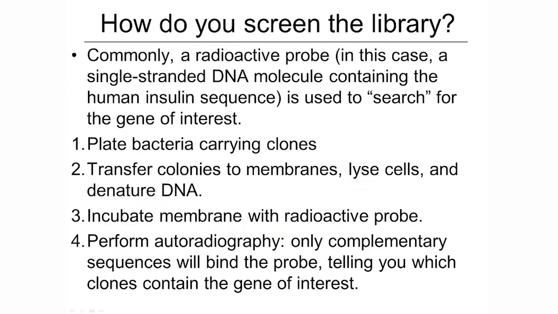So how do you literally screen the library? There are a variety of modern ways to do this without radiation, but using a radioactive probe, you're always using a probe, is a common thing to do. But what the probe is, is a single-stranded DNA molecule containing the human insulin sequence.